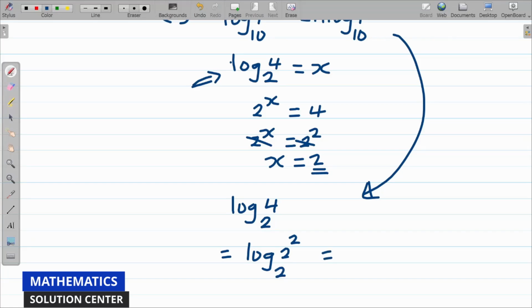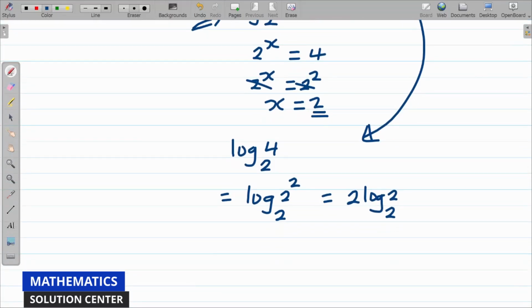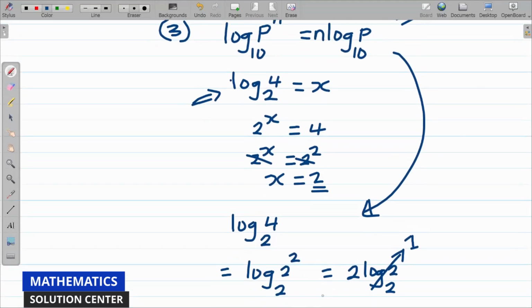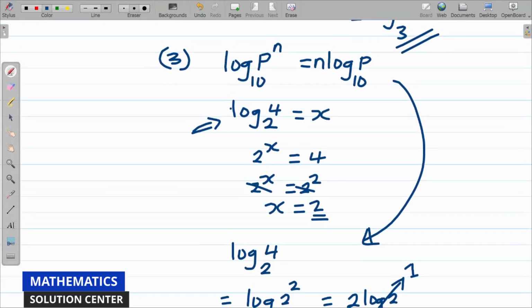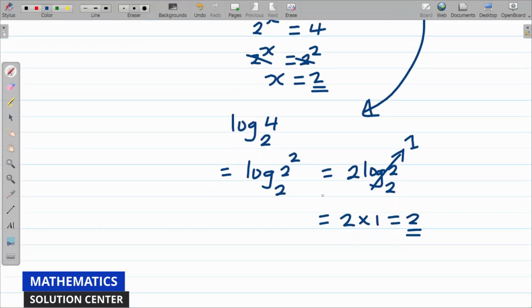This is equal to 2 goes to the front as stated by the law, then log 2 base 2. Now log 2 base 2 is actually 1, because the power of 2, the base, that will give me 2 is 1. Therefore, the answer is 2 times 1, which is equal to 2. So log 2 base 2 is 1, and this law is verified since it gives us the same answer as the previous method we used.